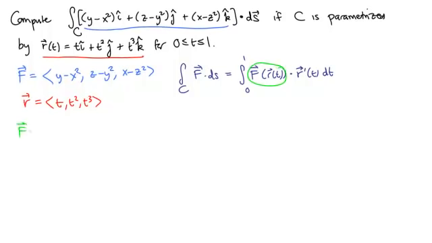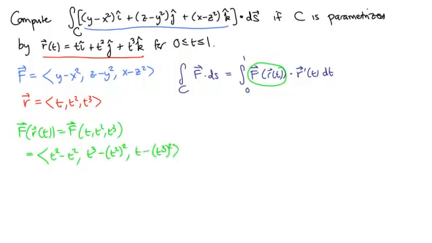That's just going to be f of the point t, t squared, t cubed. And so we're going to have y minus x squared, z minus y squared, and x minus z squared. That will give us the vector field 0, t cubed minus t to the 4th, and t minus t to the 6th.